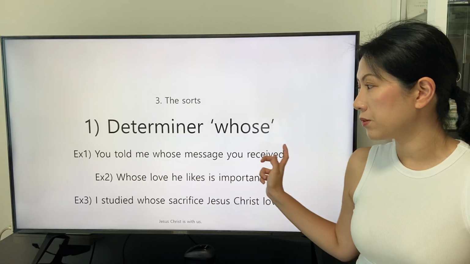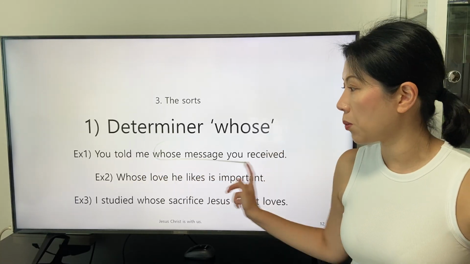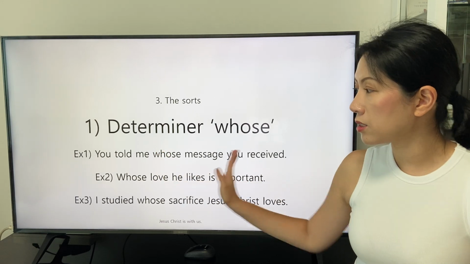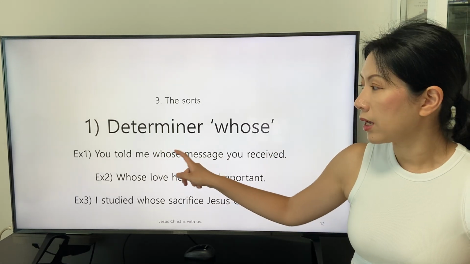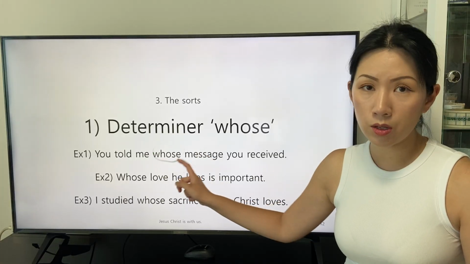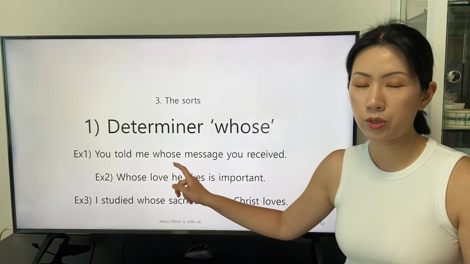And let's look into the subordinate clause. In this subordinate clause, we can find that the noun message is described by the subordinating conjunction whose.